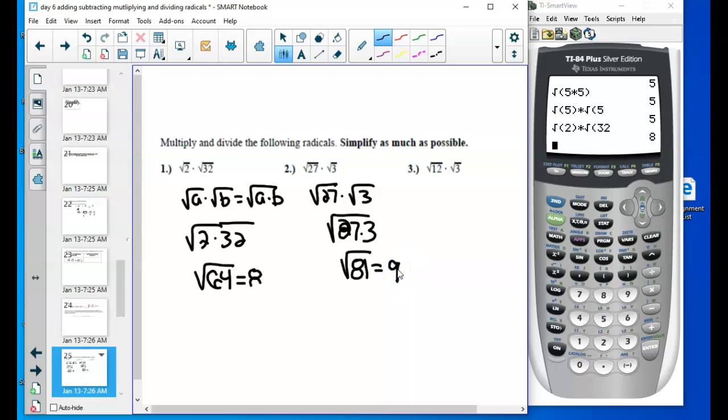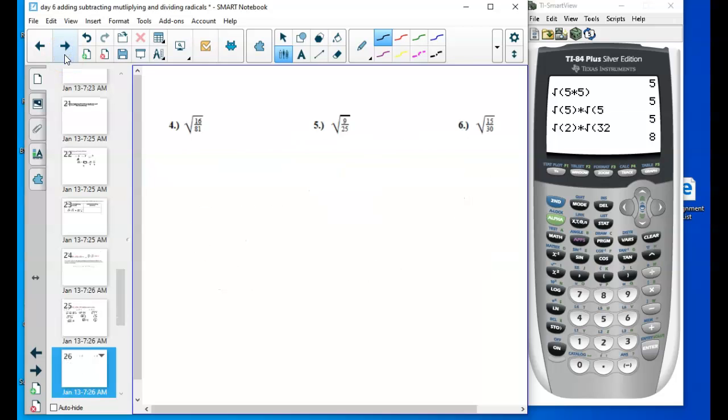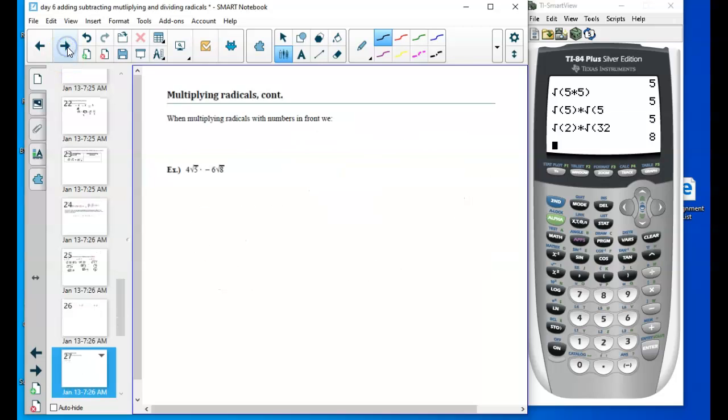So for number 3, guys, I'm just doing the same thing. I could take 12 times 3, and that gets me the square root of 36. And that just turns out to be 6. So we're going to build on this property here for the next few minutes, okay? So we're going to talk about those.